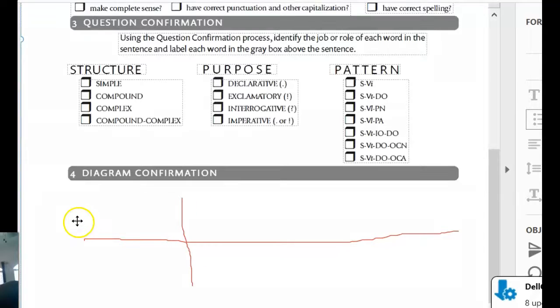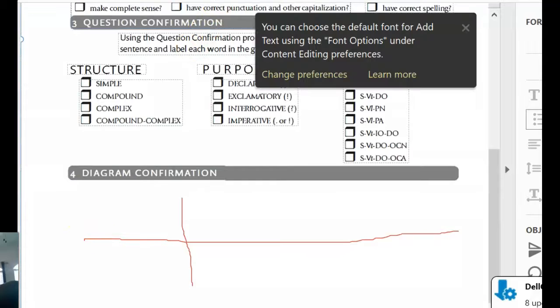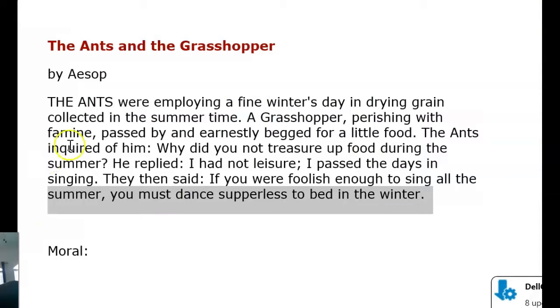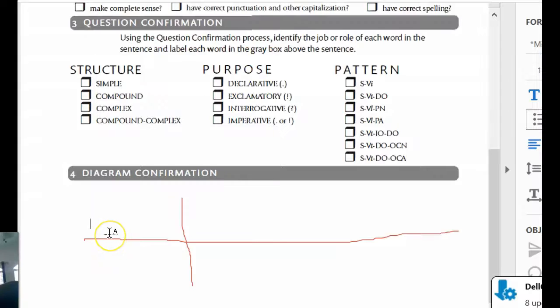The only thing that I want you to do right now is write the noun, okay? And that goes on the left. So the noun of the sentence, who or what is the sentence about? The ants, right? So you'll put over here the ants.